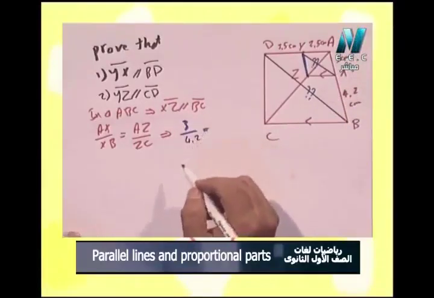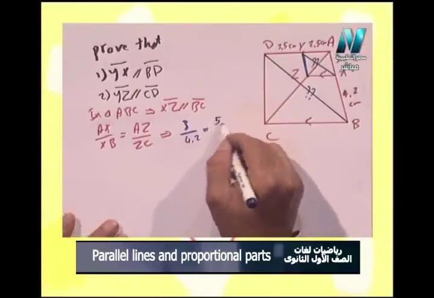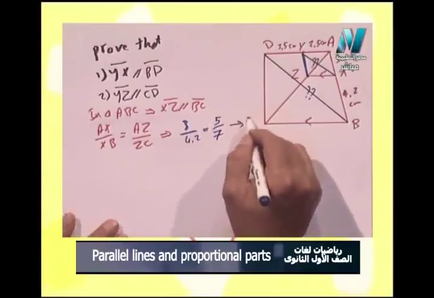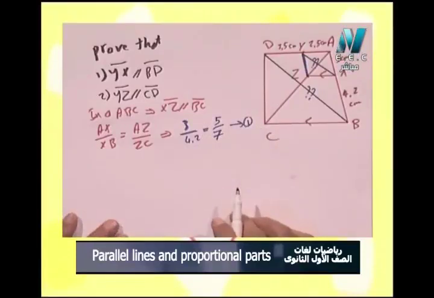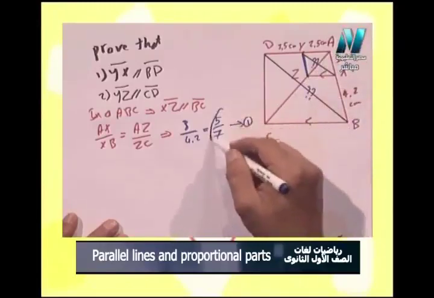In simplest form, we can use a calculator to find that the result will be 5 over 7, and this is number 1. We have here the ratio AZ over ZC equals 5 over 7.